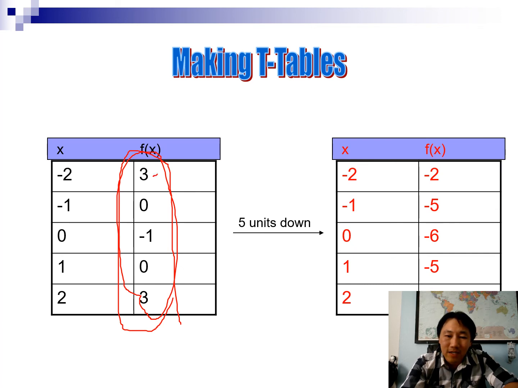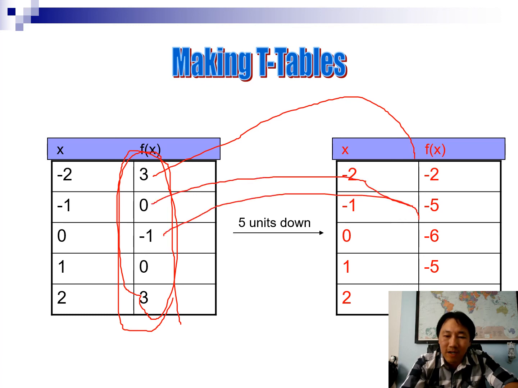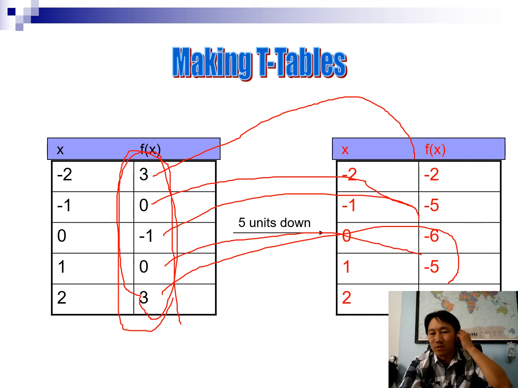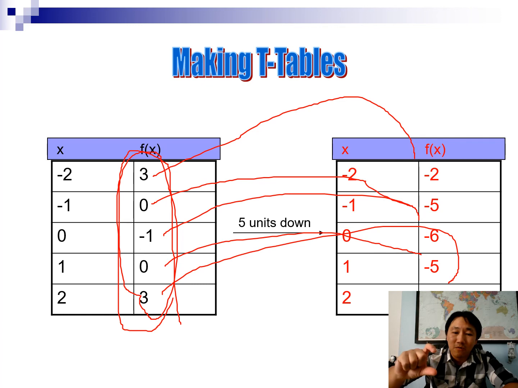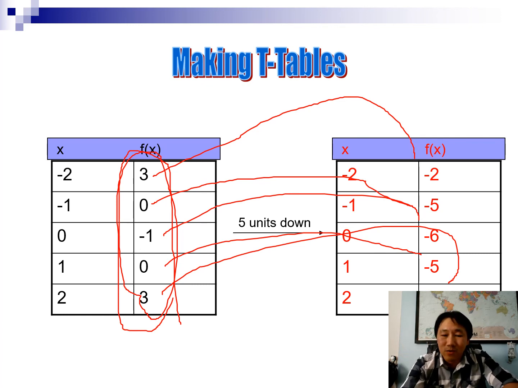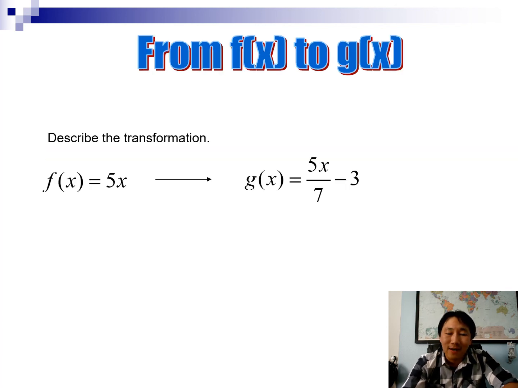A 3 minus 5, 0 minus 5, negative 1 minus 5, 0 minus 5, and then I know you can't see it because my face is in the way, but that 3 minus 5 gives you a negative 2. All right, so if you're asked to move something up or down, that's what you do to the y value only. Okay? All right, this is our last slide for the day.